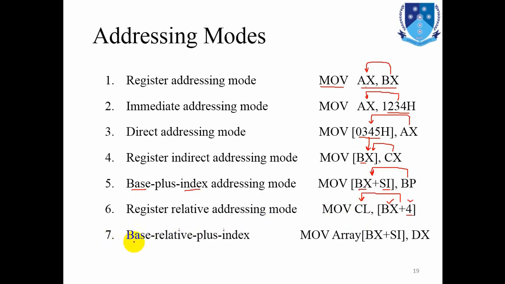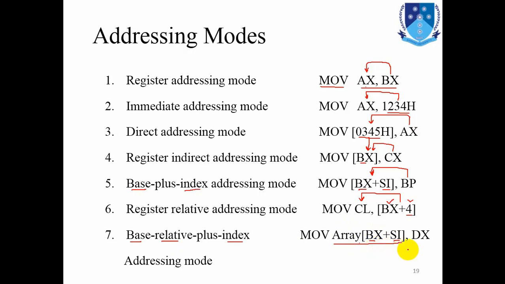The seventh addressing mode used in the 8086 microprocessor is the base relative plus index addressing mode. Here you can see that the base register and the index register along with the displacement will be used to represent the complete address of the memory location.